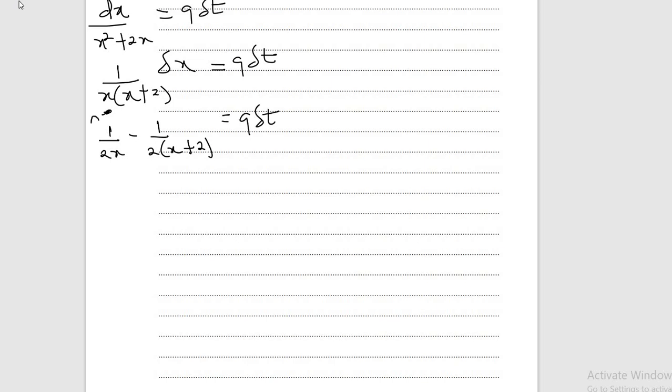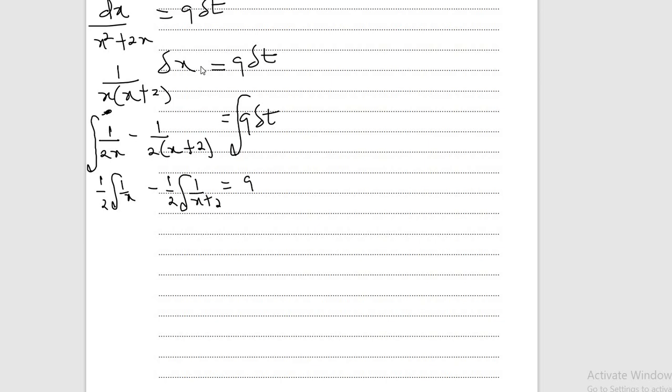Now I've used partial fraction to break it down. Let's integrate both sides. This will be 1 over 2 integral of 1 over x, minus 1 over 2 integral of 1 over x plus 2.